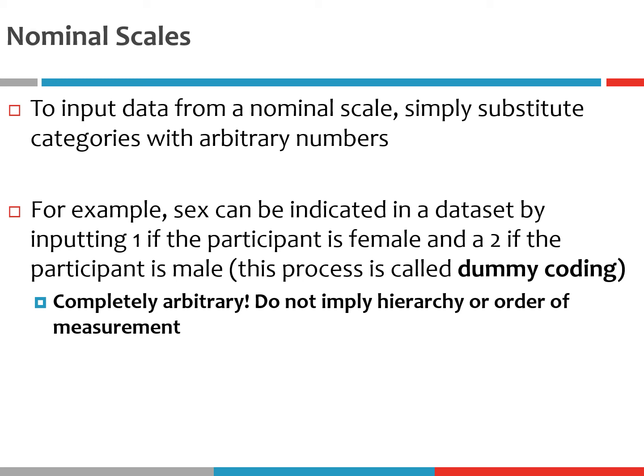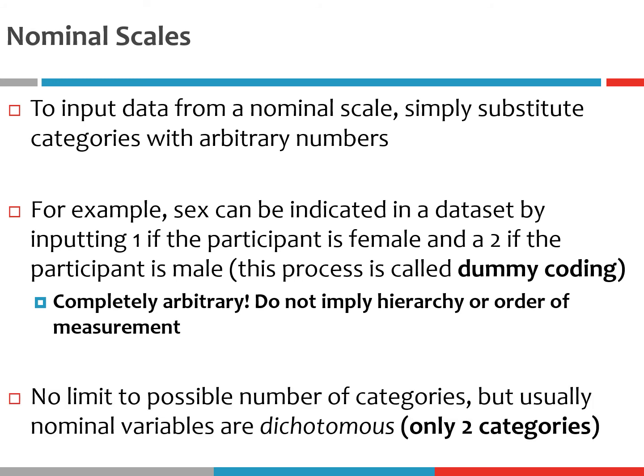So this is a process called dummy coding, because the numbers are totally arbitrary, right? The numbers are essentially standing in for the category label, but they don't have any property of moreness or magnitude, or another way of saying that is they're not quantitative at all, right? So they're just completely arbitrary, and they stand in for category labels, okay?